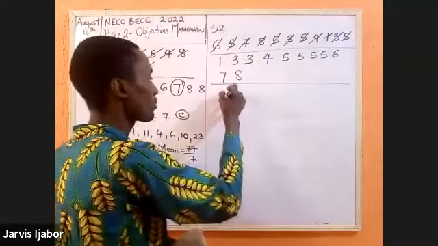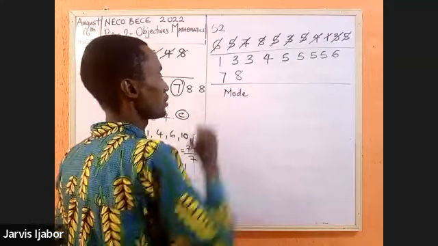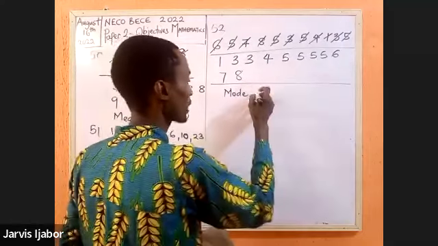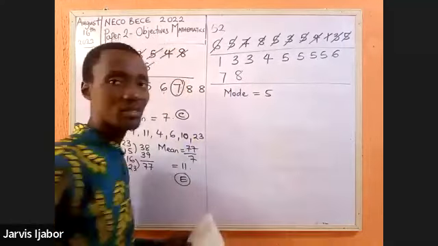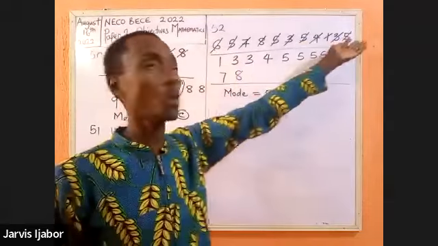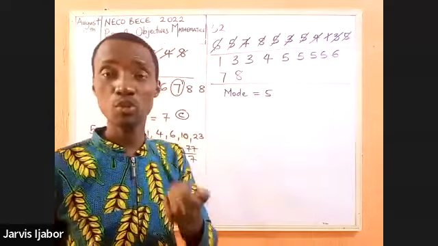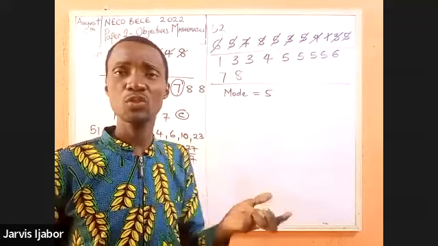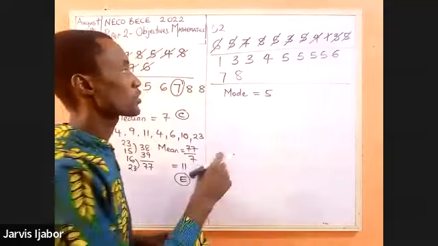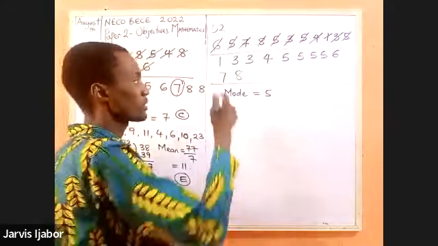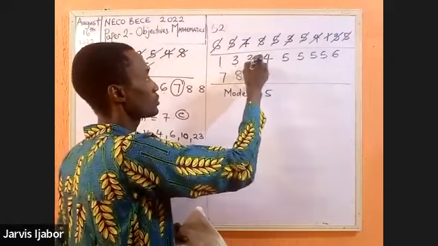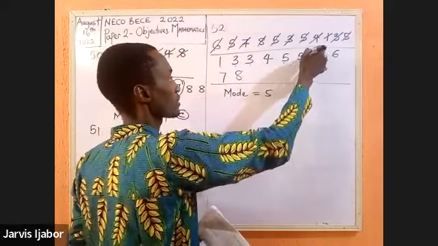So what is the mode? The mode will be 5, because that's what has occurred the most. What is a median? We have 11 scores plus 1, which will give me 12, divided by 2, which is 6. So the position of the median will be on the 6th. 1, 2, 3, 4, 5, 6.